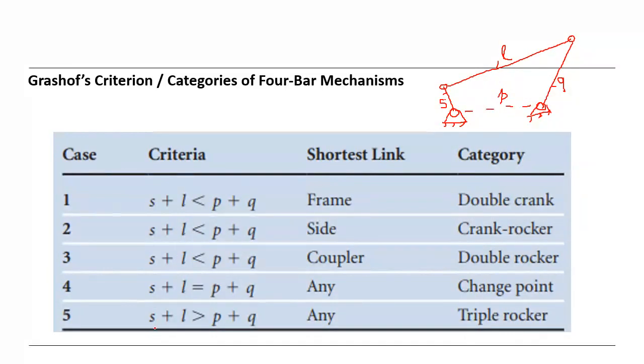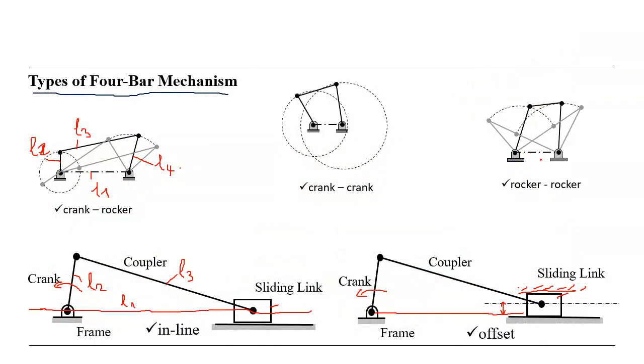If the smallest plus longest is bigger than P plus Q, then whichever link is the shortest, we have a triple rocker.